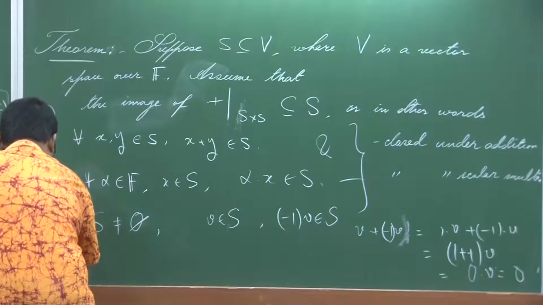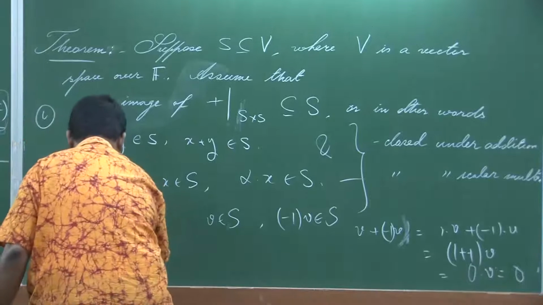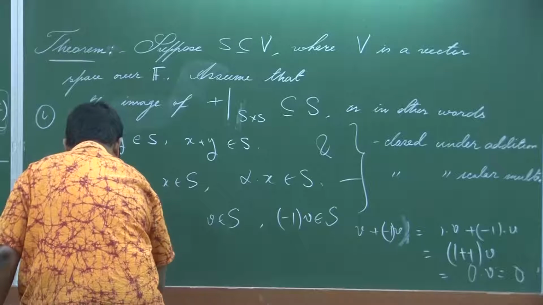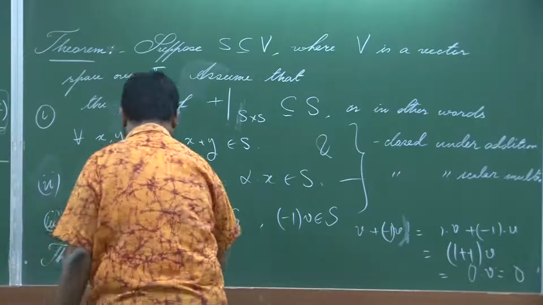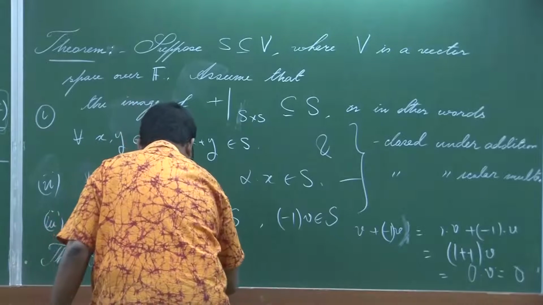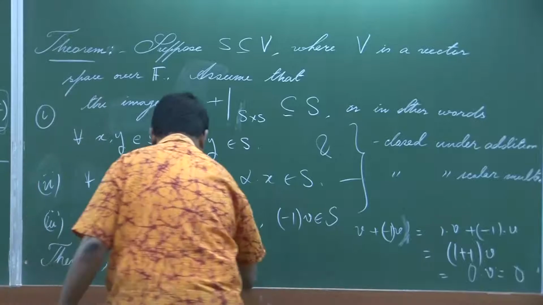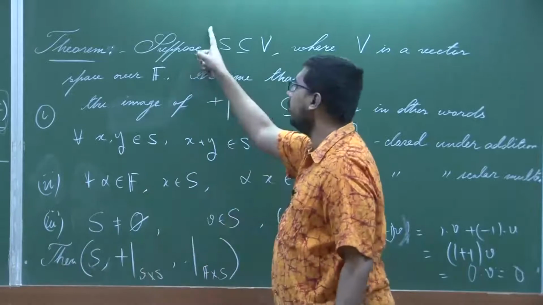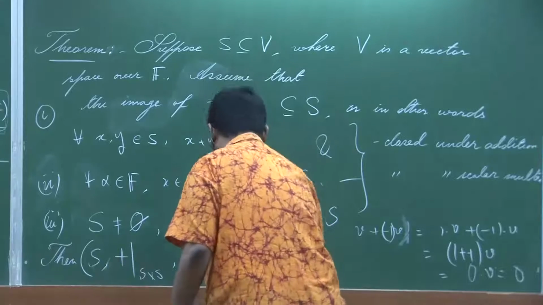Now, we say then S, with the restriction of plus and the restriction of the original dot, becomes a vector space.